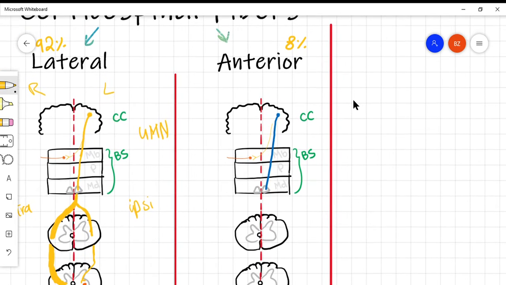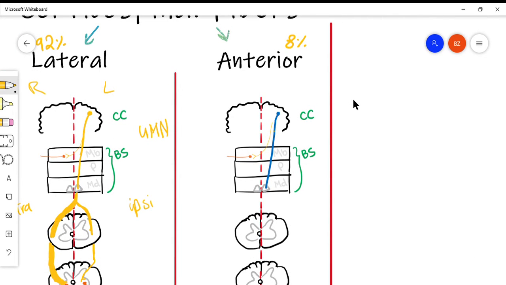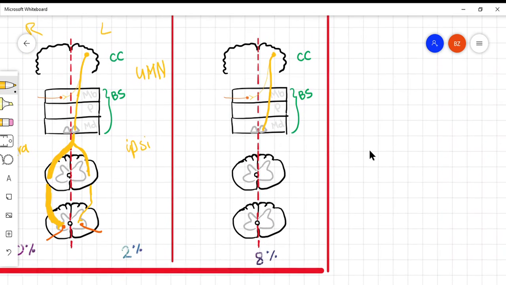So again, I'm going to remove this. I drew it first in blue just as a reminder from the blue that I drew in the first video. Okay, and now I'm going to draw the upper motor neuron of the anterior corticospinal tract. Again, it wants to go to the spinal cord, it exits via the pyramid of the medulla over here, and then it needs to go downstairs.